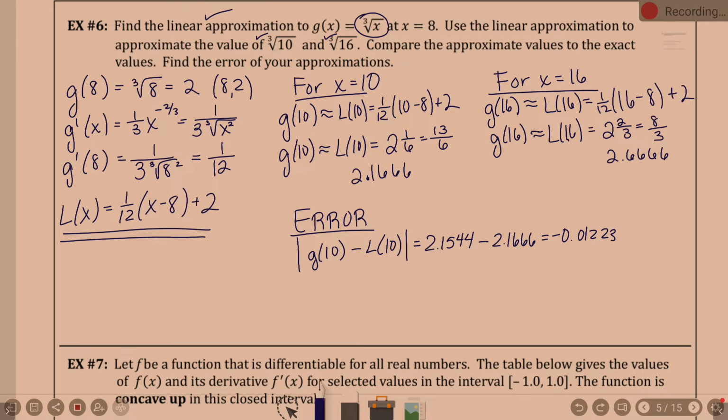Did you guys get the same thing? 0.122231976. Okay. I'm going with I probably have something written down in my notes wrong.